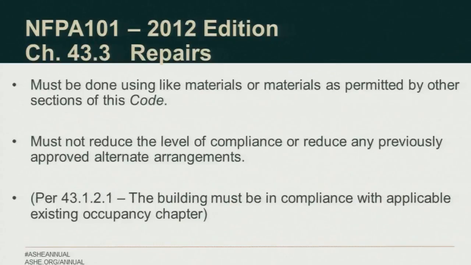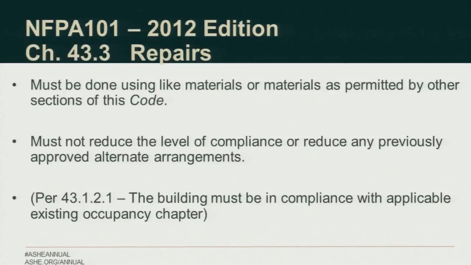The code for repair requires you to use like material. So if I have a piece of wallpaper that doesn't meet today's code, or even today's code for existing, but I still have a piece of that up in my attic stock, I'm allowed to use that, even though it doesn't meet new code or existing code. I'm just replacing it in kind, I can do that.